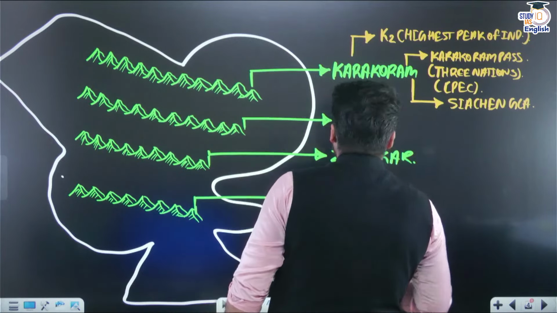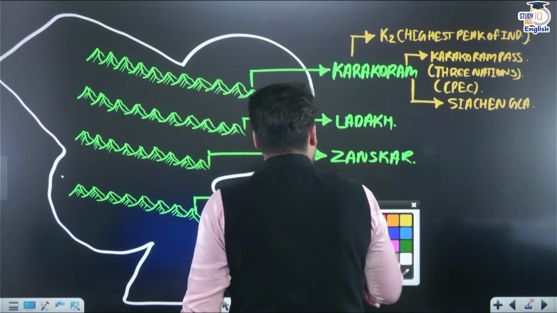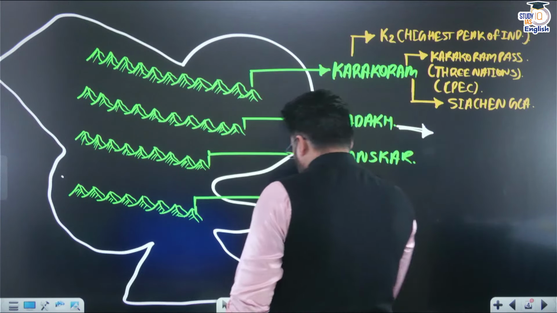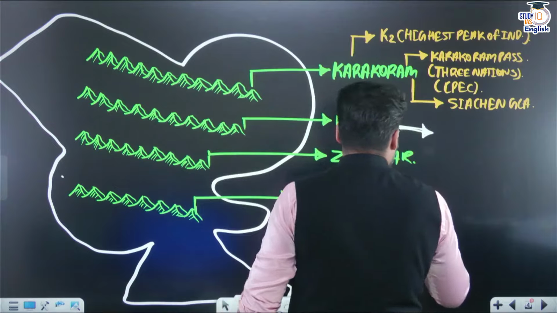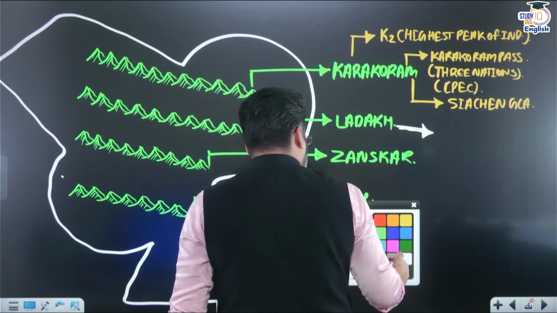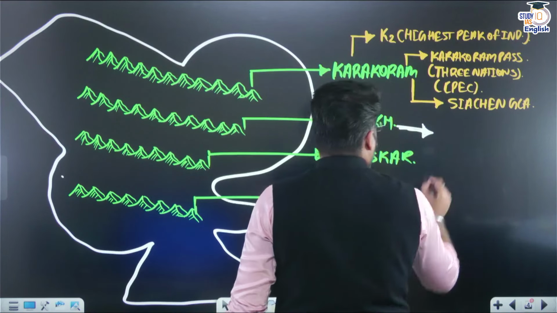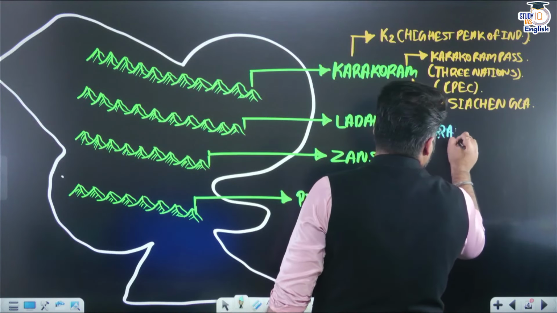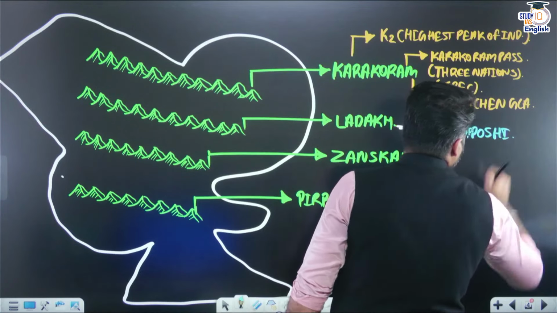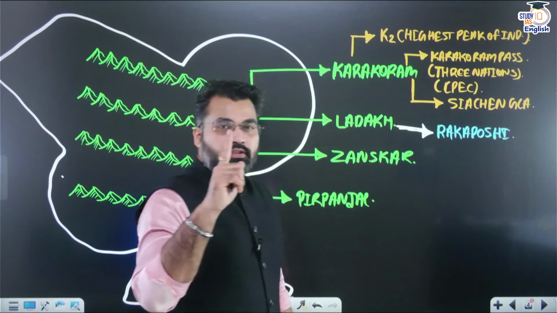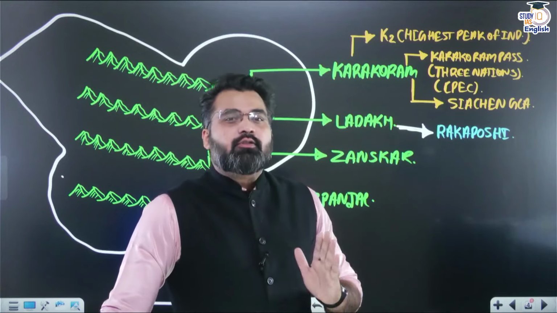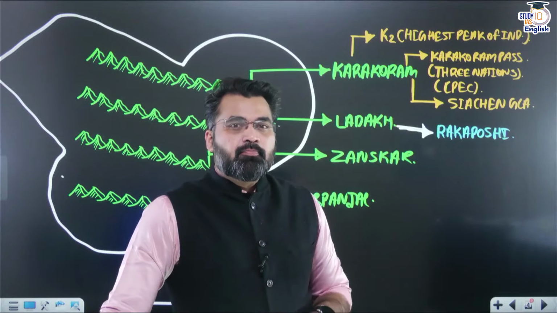Moving forward, make sure that this part is called Ladakh. As I told you earlier, this is part of Trans-Himalayas. This consists of a peak called Rakaposhi, which has a very sharp slope.